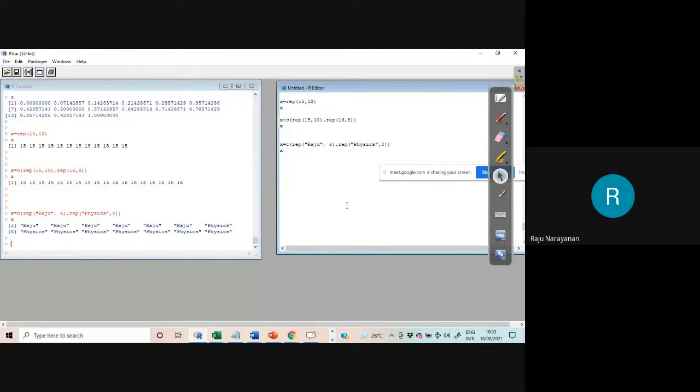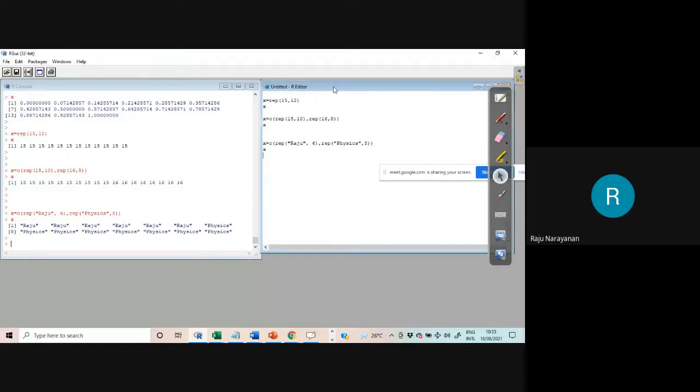Now I am going to built-in functions. X is equal to, I am taking c bracket 5, 4, 8, 9, 7, 6, 21, 4, 5, 8.